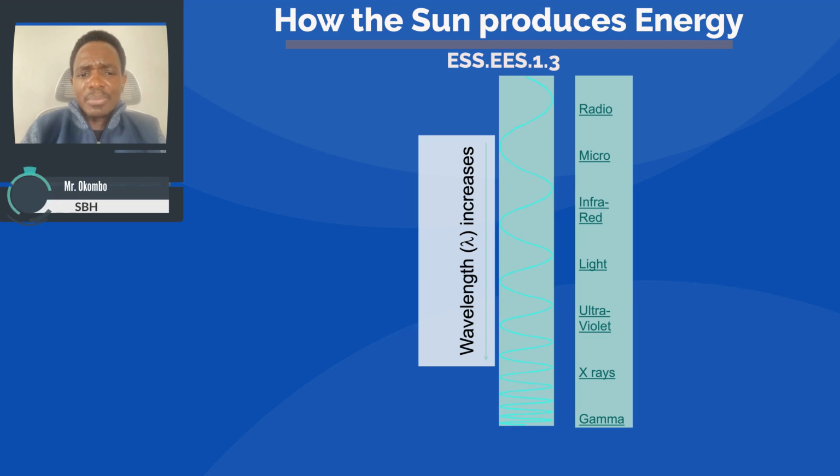Recognizing this pattern helps us to understand the many ways in which light interacts with the world around us. Higher energy waves like gamma rays and X-rays are dangerous due to their ability to penetrate materials and alter cells. Meanwhile, lower energy waves like radio waves are used for communication.